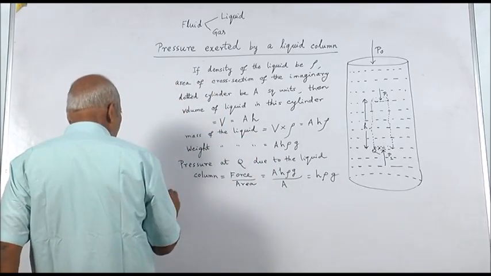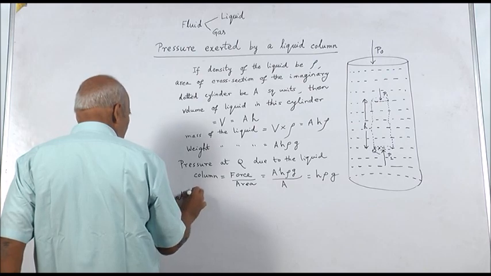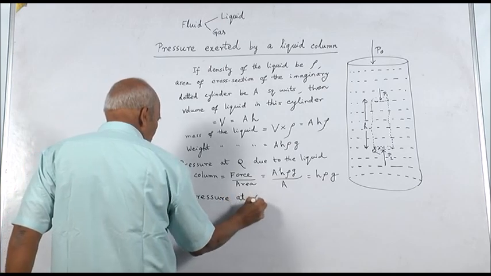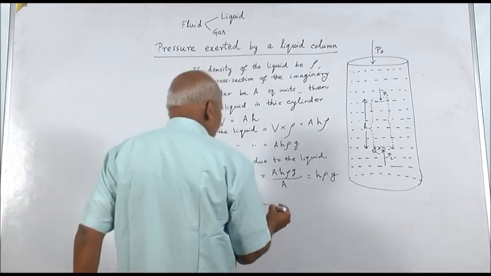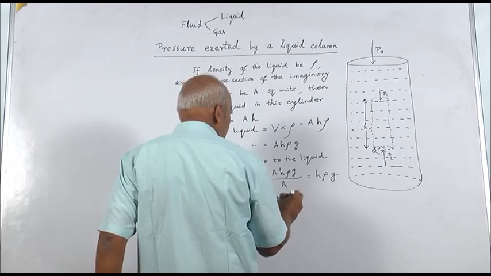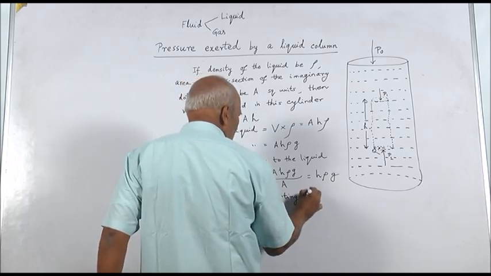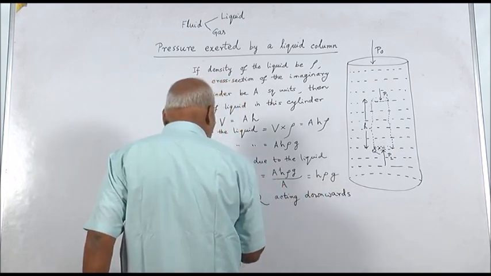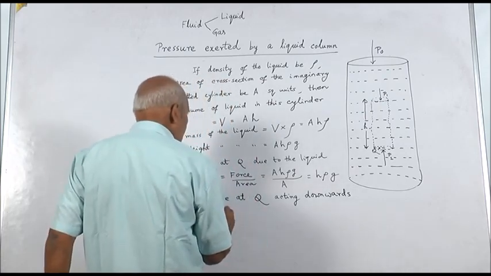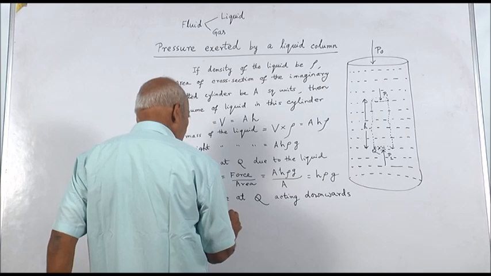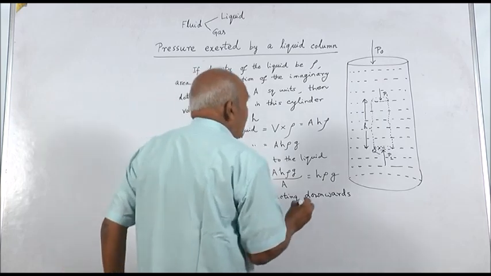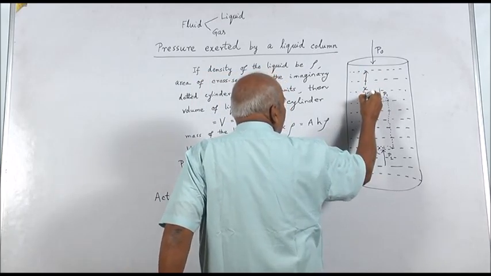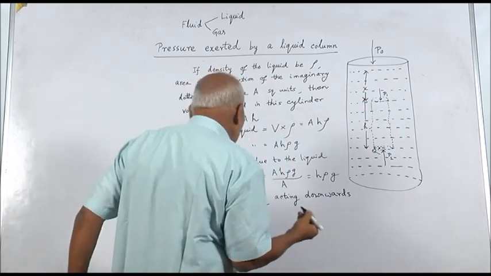So, the actual pressure at Q acting downwards is equal to P0 plus, if you take this height as say x, this will exert another pressure, another cylinder can be imagined.